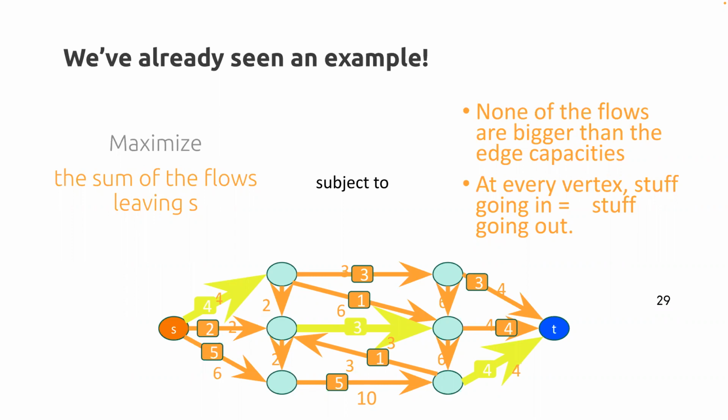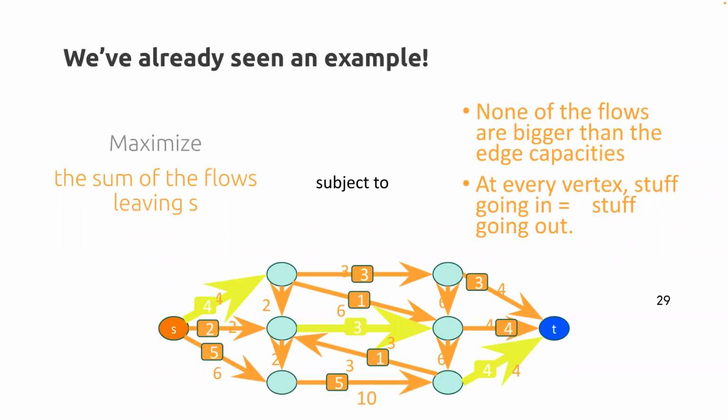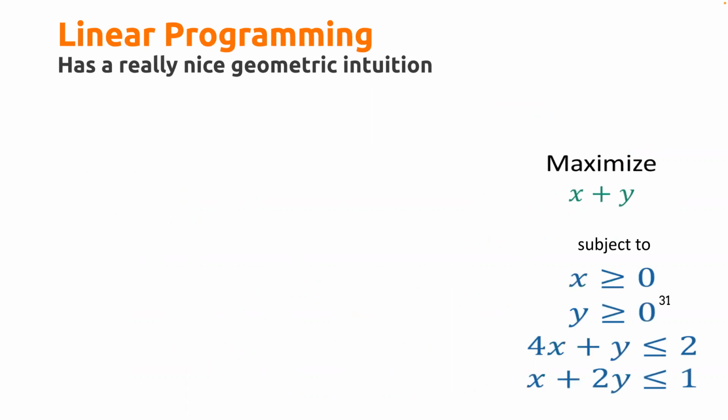And then you want to maximize the sum of the flows subject to these constraints. None of the flows are bigger than the edge capacities. So that's, x is less than or equal to 10 for every edge, right, or whatever. And at every vertex, the stuff going in is equal to stuff going out. So again, those are inequalities or equalities. So this is actually an example of this.